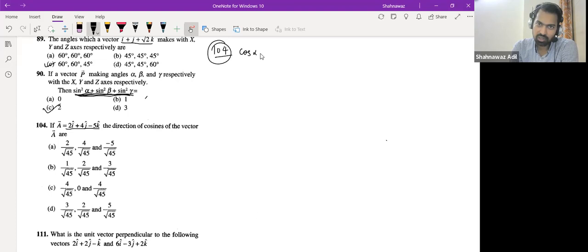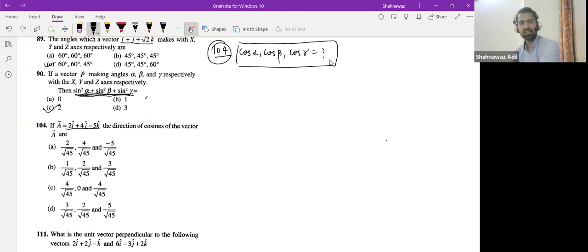Direction cosine is cos alpha, cos beta, and cos gamma, so these three values. Calculate and tell me the answer in the chat box. You guys have 3 to 5 minutes, but if you calculate faster than 1 minute, just tell me the answer.